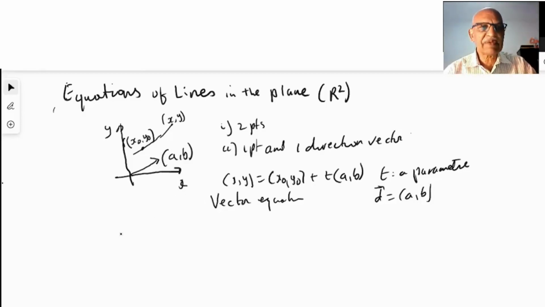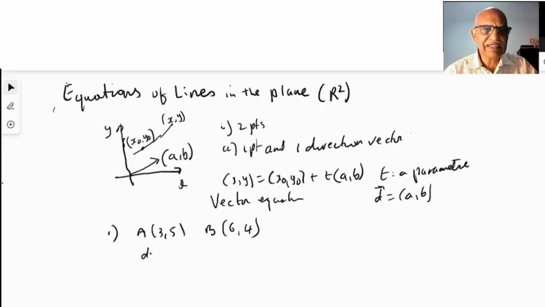So let's see, I'm given 2 points: A(3, 5) and B(6, 4). If I'm given 2 points, how do I find the direction vector AB?